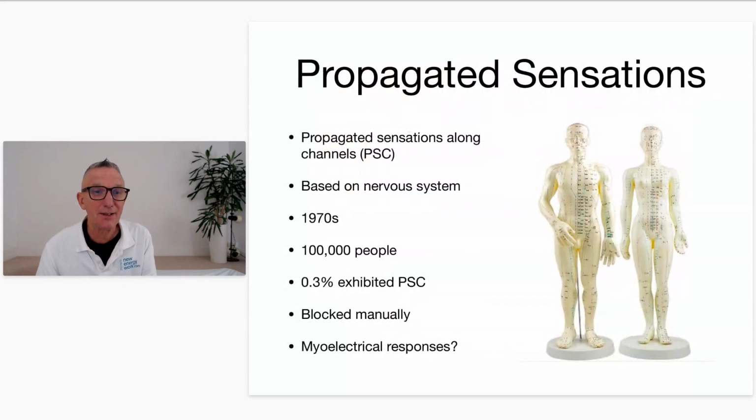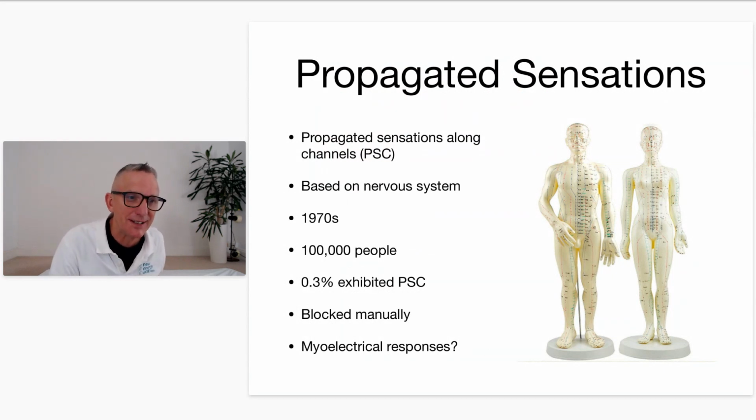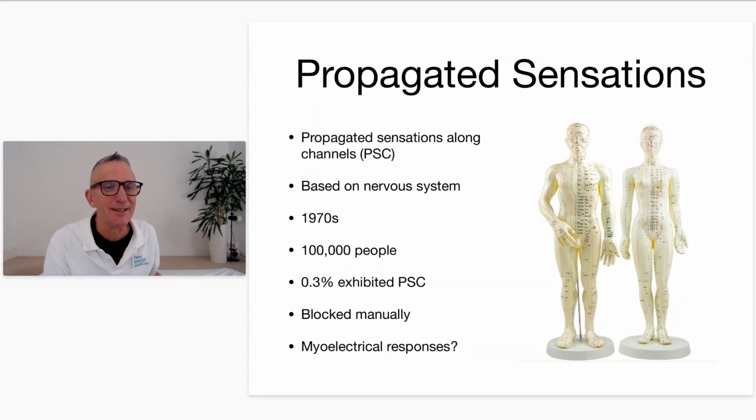Okay, now this is another even earlier and even more amazing experiment. It was done in China, and it was to do with propagated sensation. So basically what they did is they poked people on the meridians, and they asked them if they could trace the sensation. It's called propagated sensation along the channel, or PSC for short. It's a technical term, right?